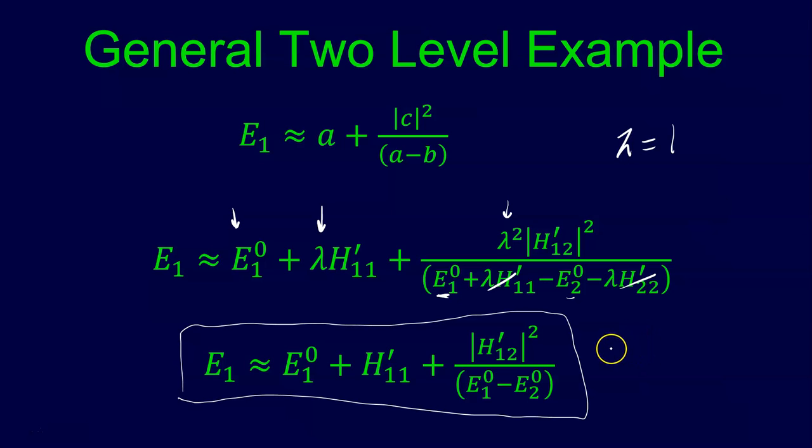By going through and actually finding the exact answer, we get the same terms that we got for the perturbation theory. So this works out. In a case like this, where it's a 2-level system, you could argue which way was easier to calculate, but for bigger systems it's going to be much easier to use perturbation theory, and so that's why we're doing it.